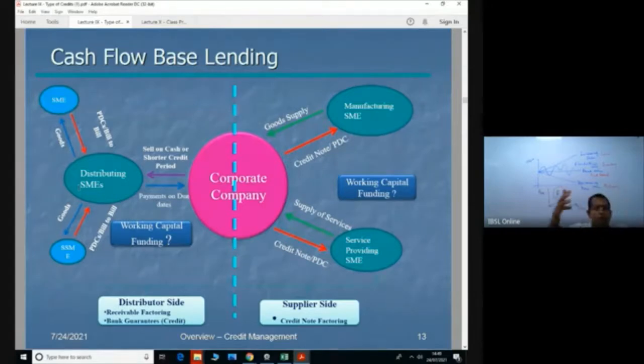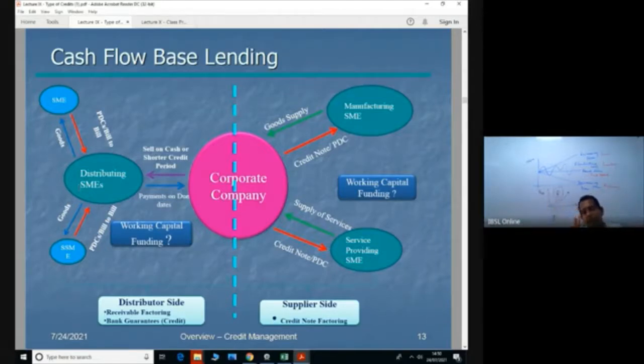Agents in turn sell to smaller businesses, right? DSI gives the agent 1 month credit. In order to enjoy that credit, this agent needs to give a bank guarantee to DSI. There has to be an independent bank that guarantees the payment for DSI. Based on that, DSI will give goods to the distributor. Then the distributor will go everywhere and sell the goods.